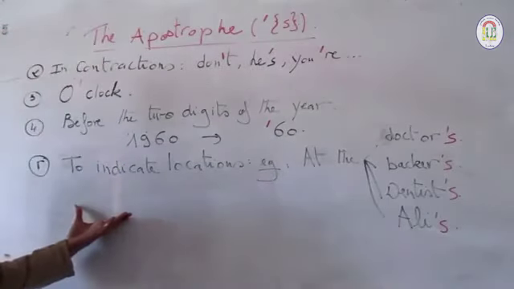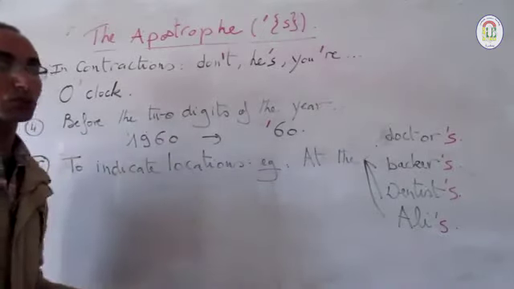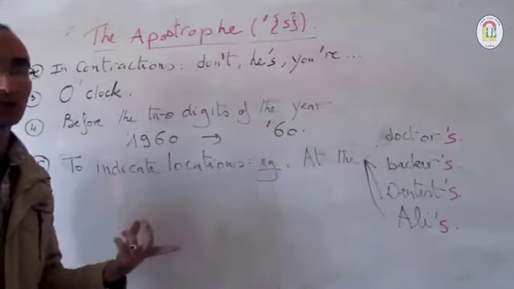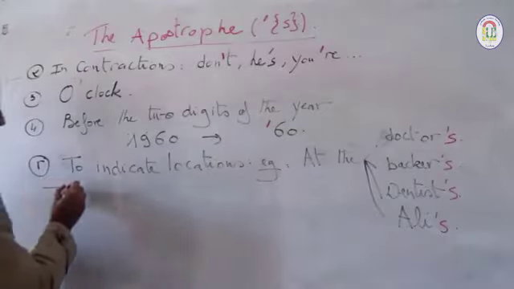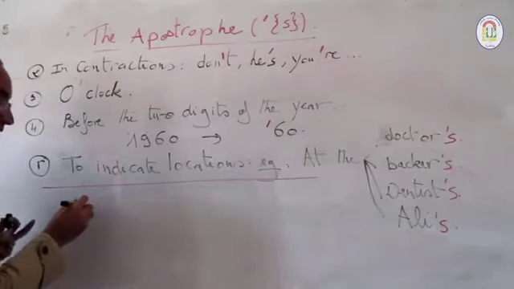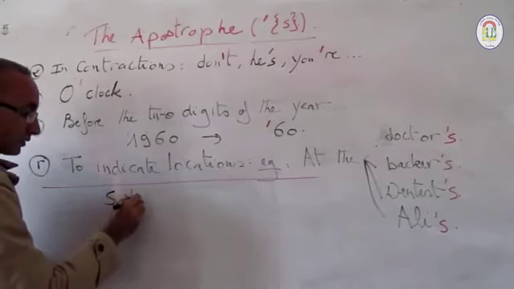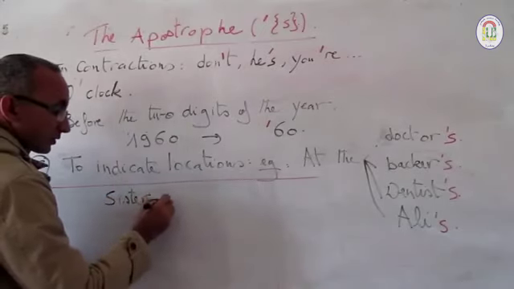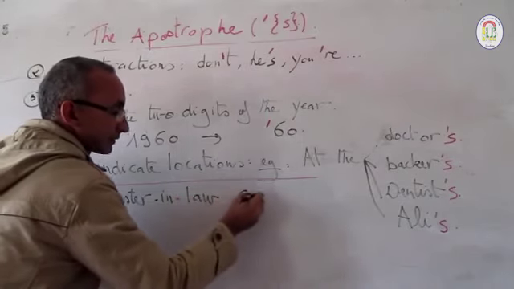Locations. Clear? Before we end this lesson, we have one more important remark, which concerns a particular type of noun, the compound noun. Like, for example, this is my sister-in-law's car.